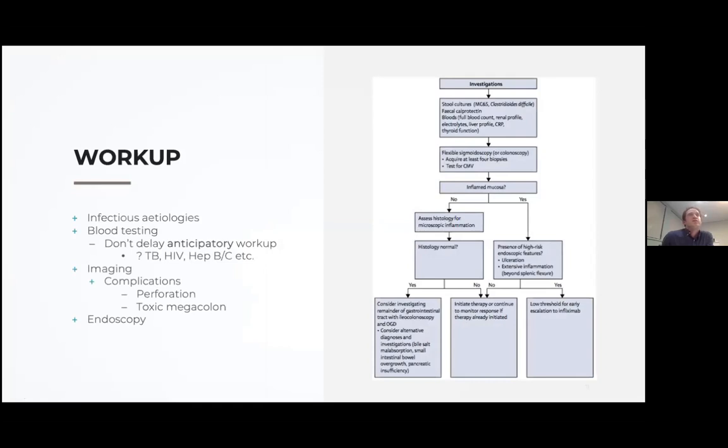I just wanted to make the point here that, again, endoscopy should be quite high up the algorithm, because if patients potentially have poor prognostic features, and in this case, that would be extensive disease or ulceration, similar to the acute severe ulcerative colitis response, we should not delay workup, so that if there is a need to escalate to biological therapies or step up therapies, that is not delayed.